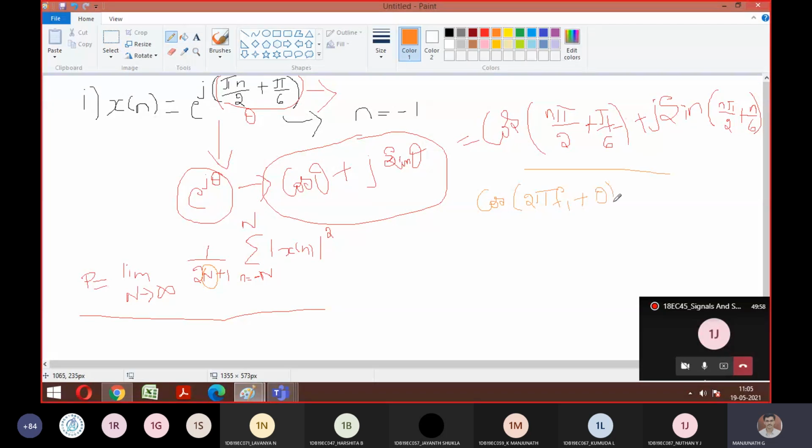Similarly, j into sine of 2 pi f2 plus theta. Any doubts, anyone, till here? See, the power energy signal went through your periodic non-periodic concept. That is why I told you this is one more different type of problem, and we are dealing with respect to your DT signal. That is a major thing you should have awareness of. Am I clear till here to everyone?